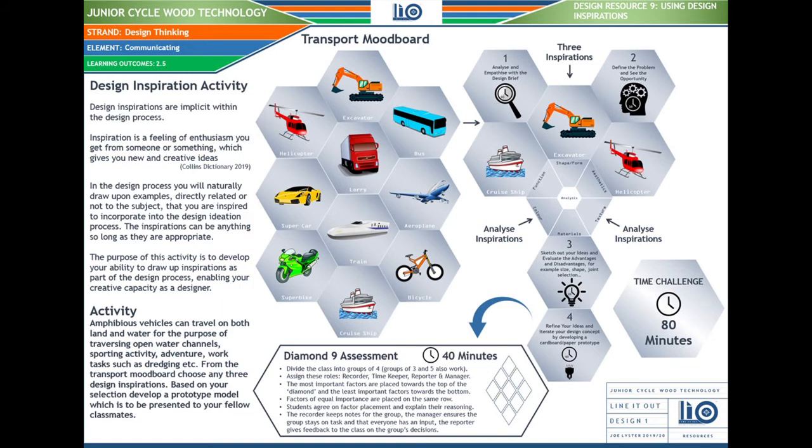And I apply then those 6 lenses to the cruise ship and the helicopter, and I am from there able to create lists of things, and you can add extra stuff if you identify it, and I'm able to then build a picture of what this might offer me in terms of a design inspiration for, in this case, an amphibious vehicle.